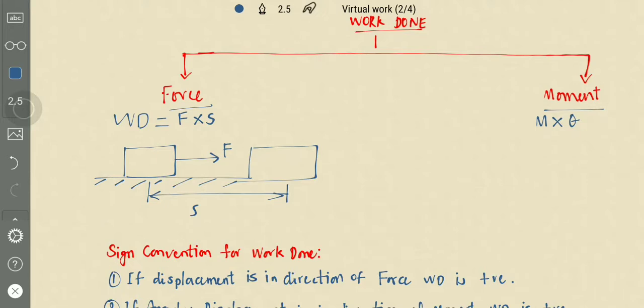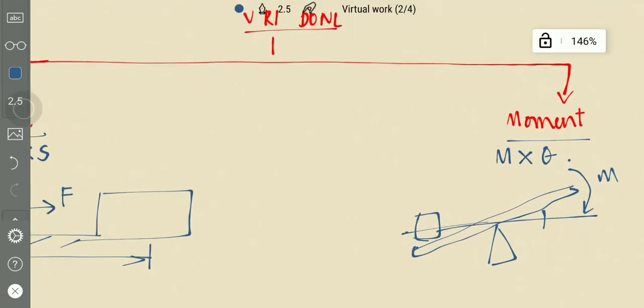Then what is the work done by a moment? If there is a link like this, there is a weight here and a moment is applied here. This moves through an angular displacement theta.